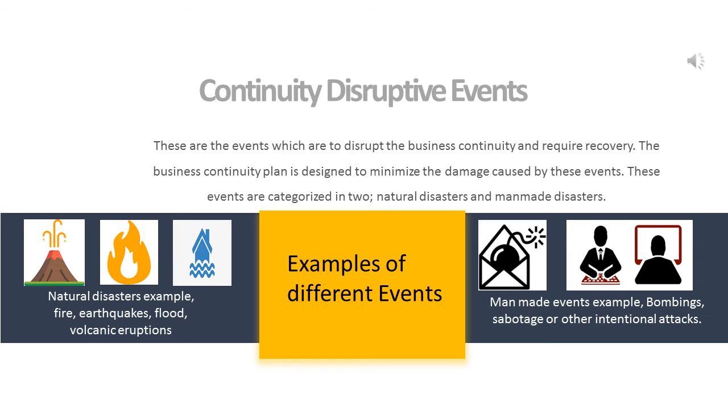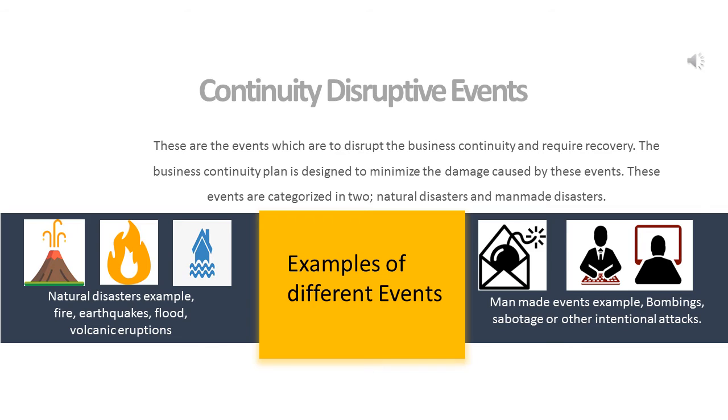And then we have some examples of man-made events that can affect the business continuity. So we have bombings, sabotage or other intentional attacks. We have strikes and job actions. We have employee operator unavailability due to emergency evacuation or other issues.